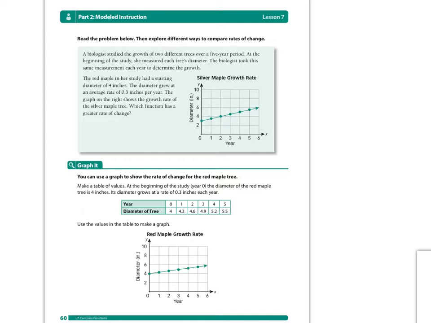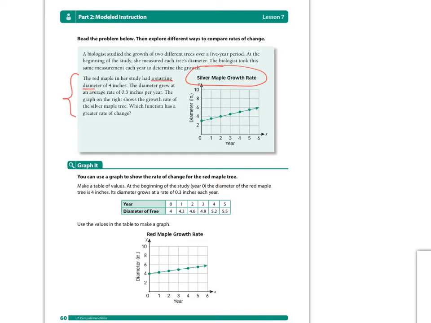So here's silver here. The red one, it doesn't really give us anything. It just tells us about this right here. It says, hey, had a starting diameter of 4 inches. Hint, hint, starting diameter of 4 inches. Diameter grew at an average rate of 0.3 inches per year.